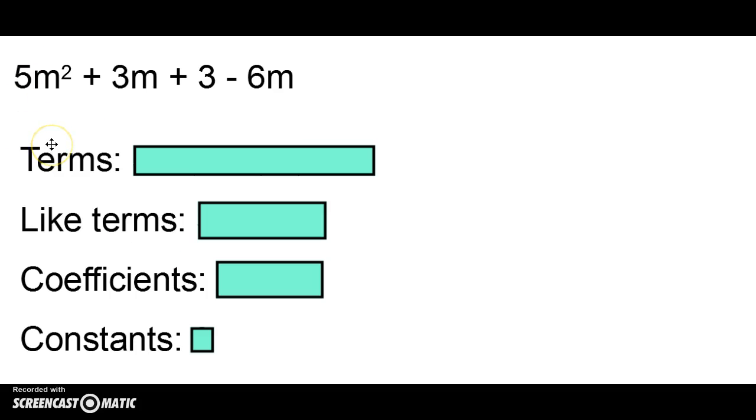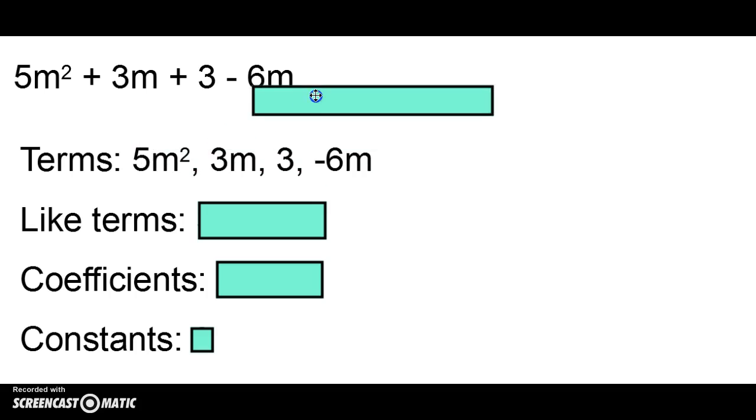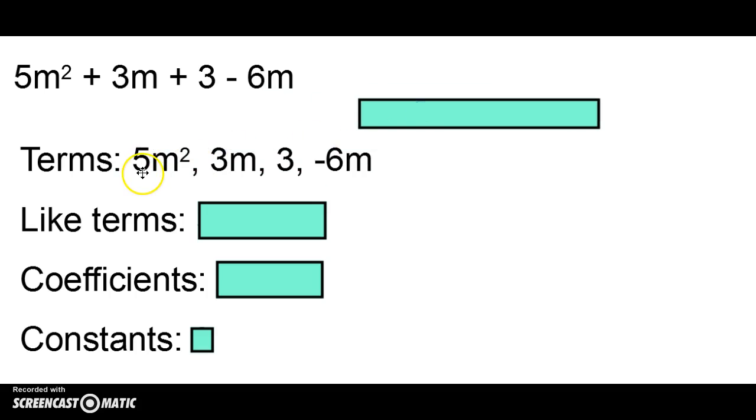All right, another example. Here we have one raised to the second power, and that, keep in mind, cannot be combined with just the variable m. So terms, remember, is each part individually: 5m squared, 3m, 3, negative 6m.